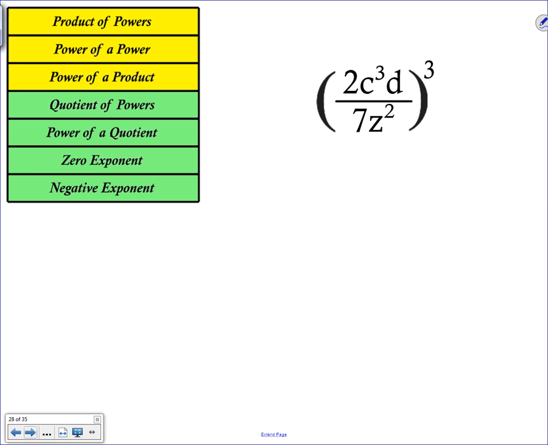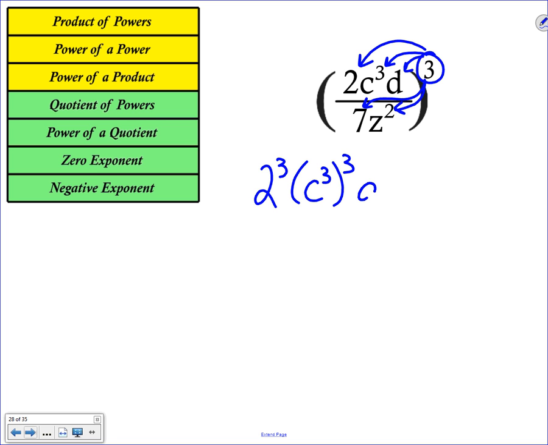I have a quotient inside the parentheses and a 3 as an exponent on the outside. So I take that 3 and give it to everything inside of the parentheses: 2 cubed, c cubed cubed, and d cubed over 7 cubed and z squared cubed.